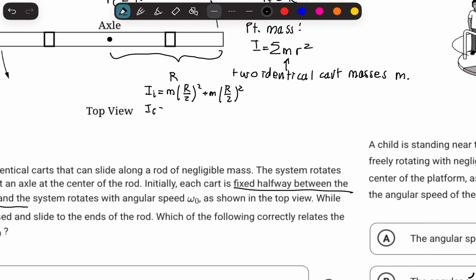I initial is equal to 2 m r squared over 4. And I initial is equal to 1/2 m r squared.